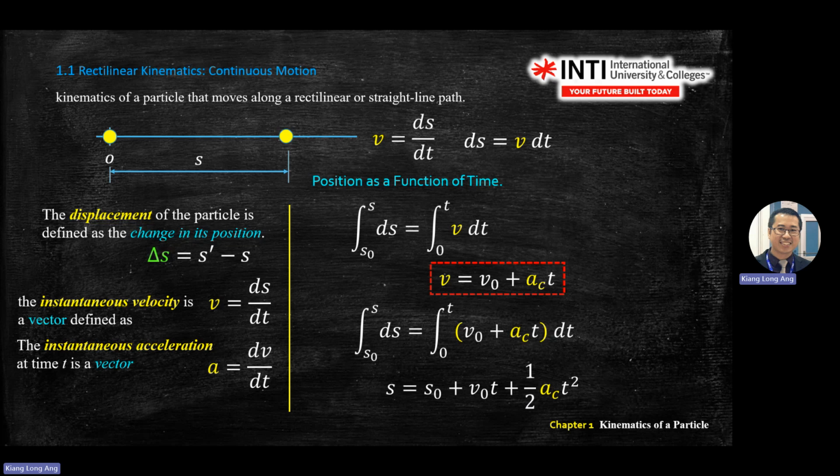It refers to the origin and the last position. If the last position is in the opposite direction, it means you get negative. So the second equation you get is v0 t plus half a t squared. Again, constant acceleration. Makes sense, huh?